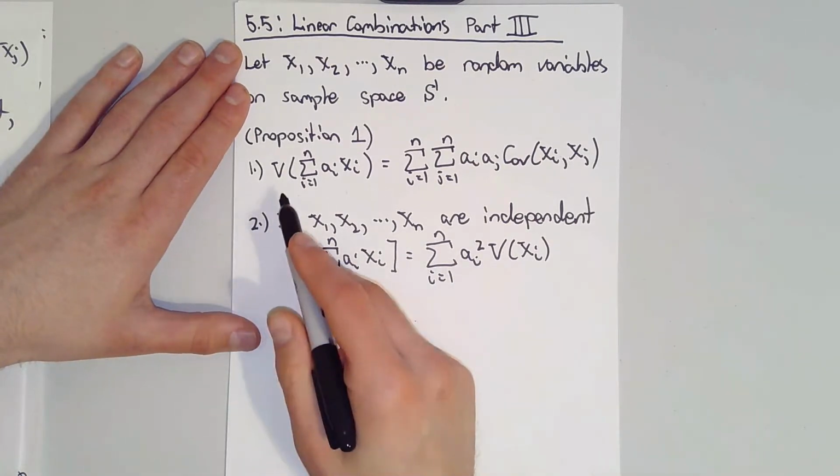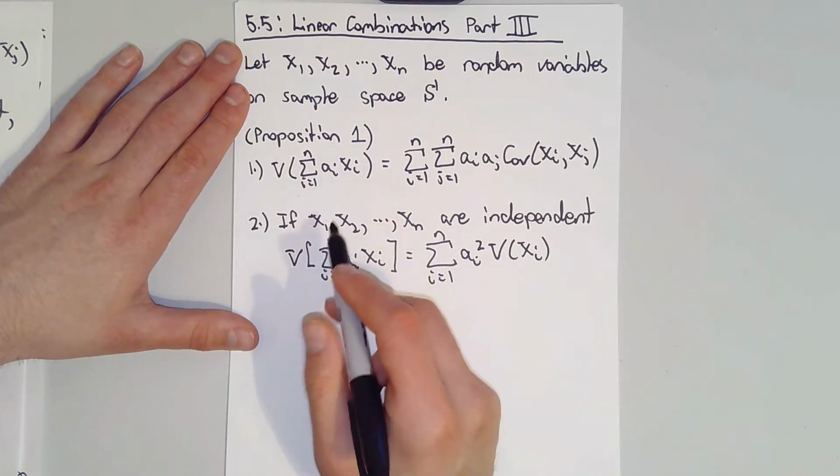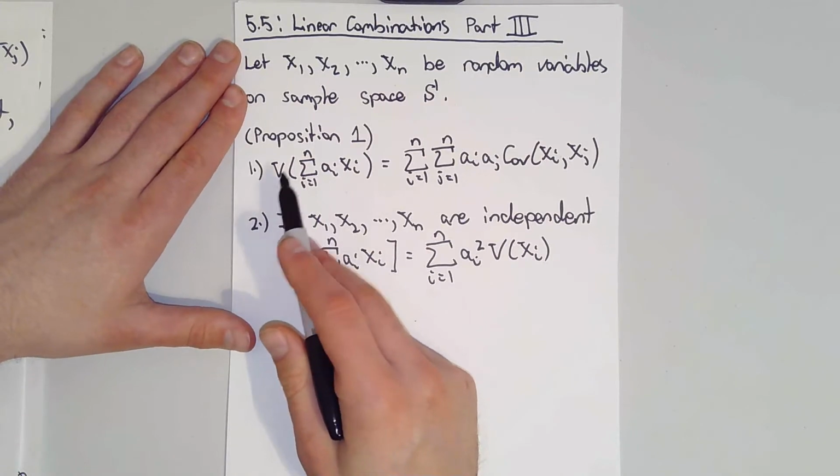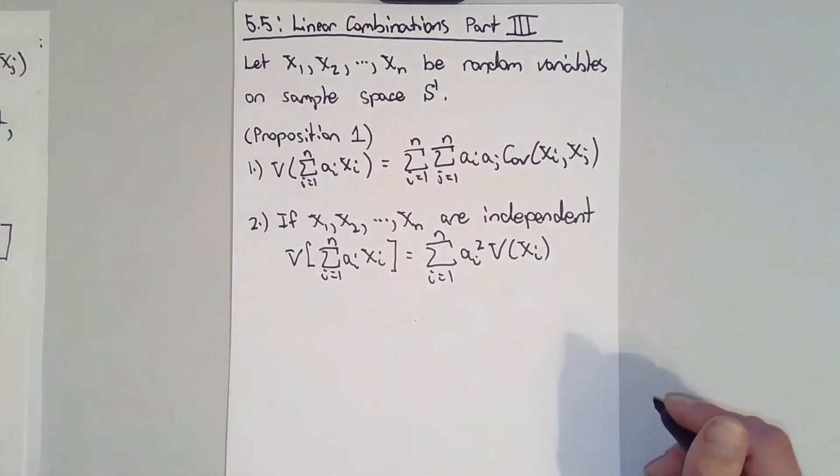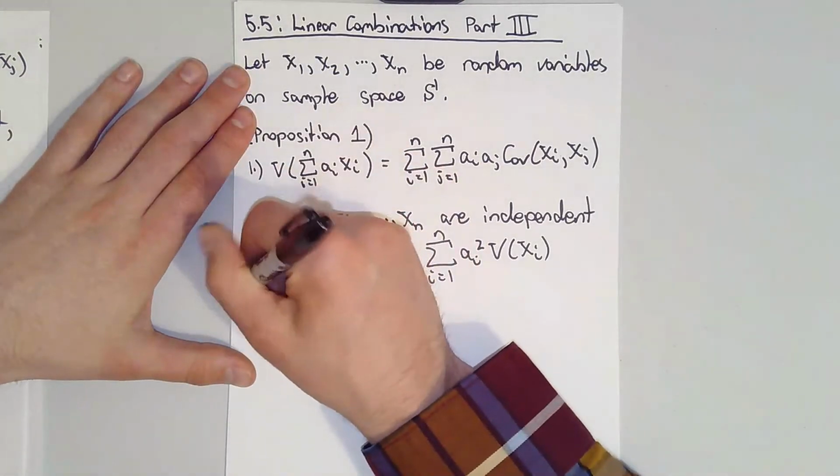So to see why these results are true, it will be important to look at the variance in terms of covariance. So we'll prove part 1 first.